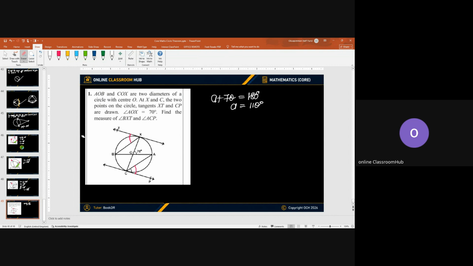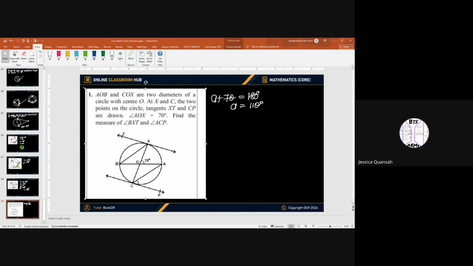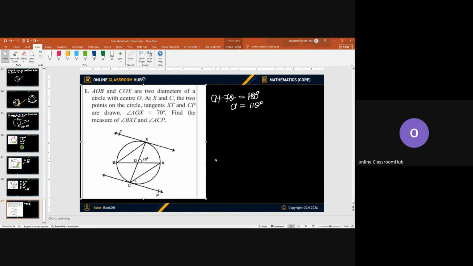What is the name given to line BO? It's a radius. What about line XO? That one too is a radius. Okay, so based on that, what is the name given to triangle BXO?